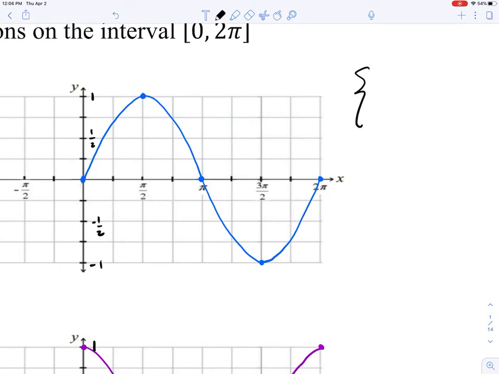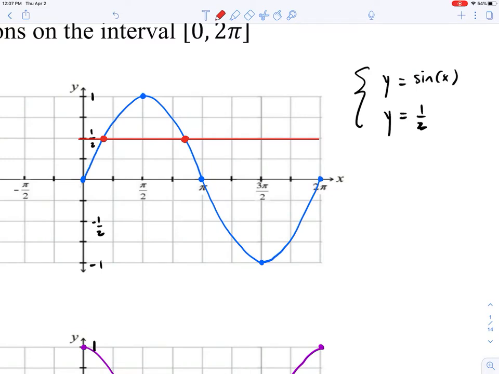So the system that I would create here would be y equals sine of x, and then y equals positive 1/2. I already have y equals sine of x graphed over the interval from 0 to 2 pi. So then if I graph the horizontal line at y equals 1/2, we can see on that interval that there are 2 points of intersection.